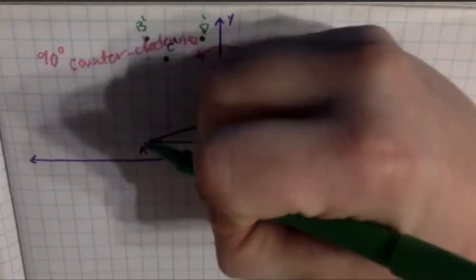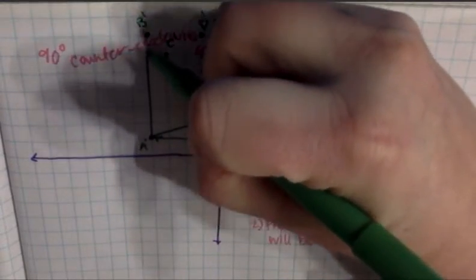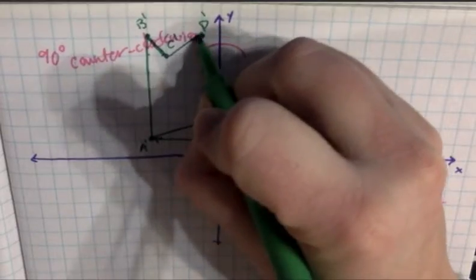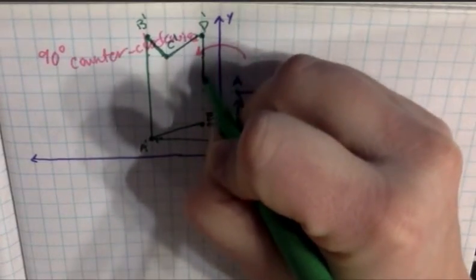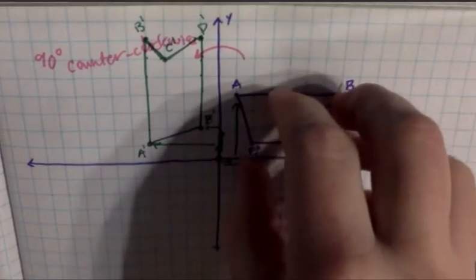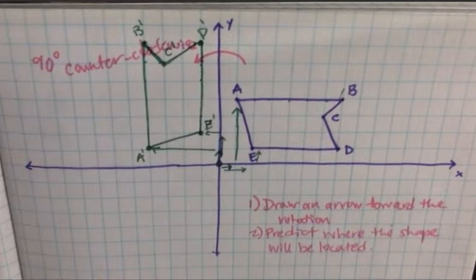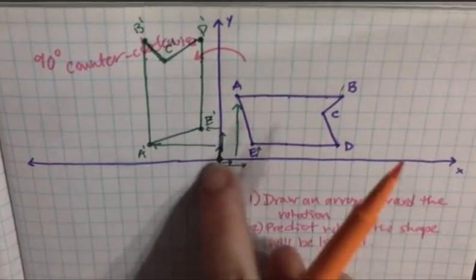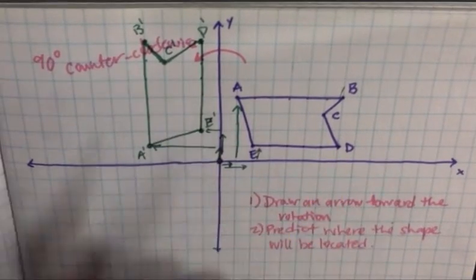And so now I can connect the dots. Of course, I didn't turn my volume off on my keyboard. And so now I can connect the dots and I can see that this shape is rotated 90 degrees. I can also look at all of these other points in the same way that I looked at the A and E versus A prime and E prime.